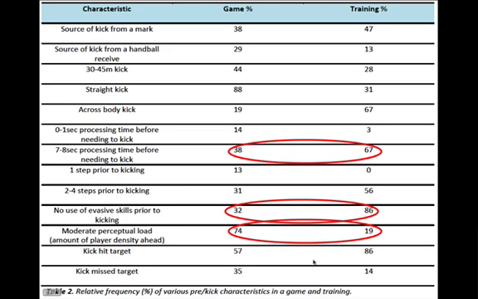What might have to happen, and this is often a bit controversial, is in training, you might have to make it so challenging that only 50% of targets are hit, so that in a game, maybe this figure here raises to 70% or 80%. Okay, so there's an example of auditing your training versus your game, and I'd say in this case, finding that your training is not really demanding enough compared to the game.